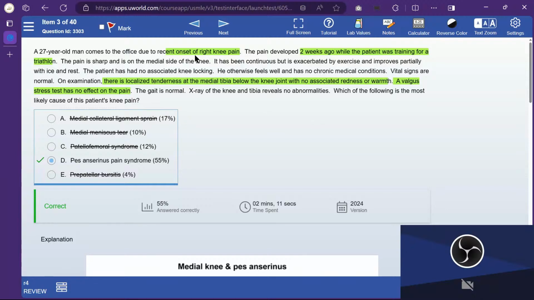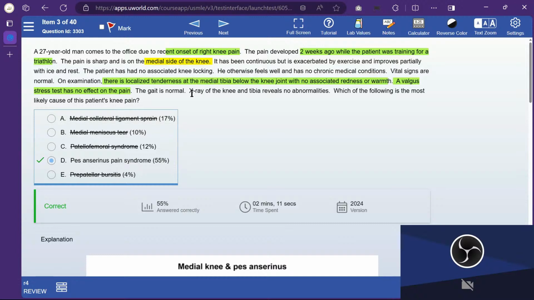There is a recent onset of right knee pain, not above the knee and not anterior knee pain. It developed 2 weeks ago during a training period, and the pain is on the medial side of the knee.